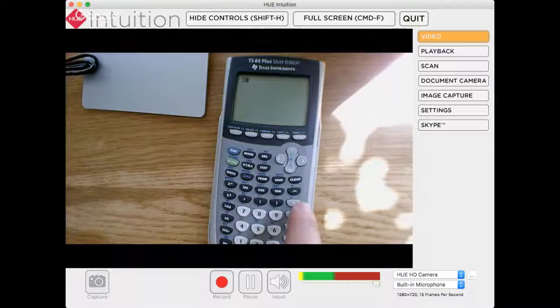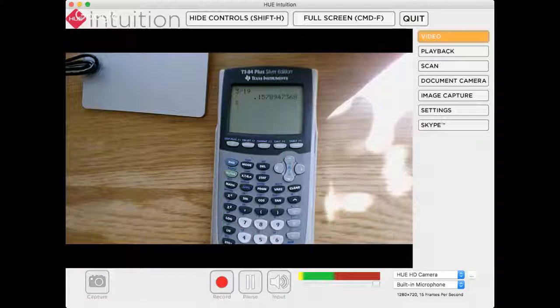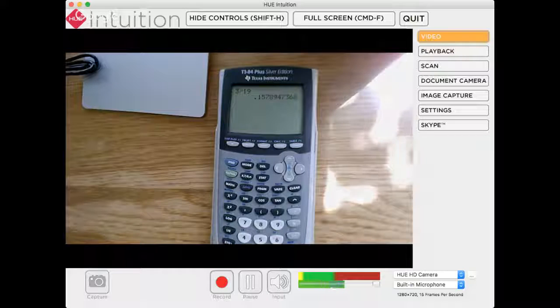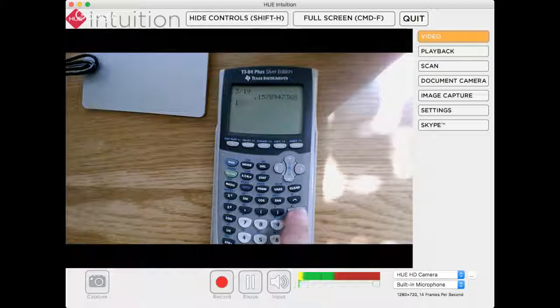Three divided by 19 equals, let's write that down, 0.15789473. And let's do 12 divided by 19.